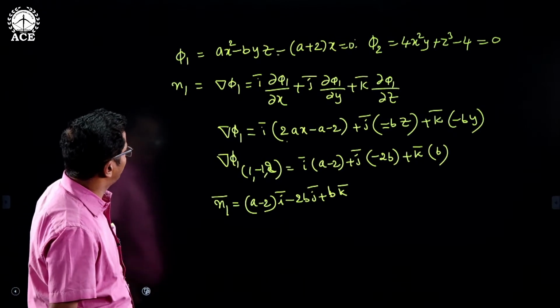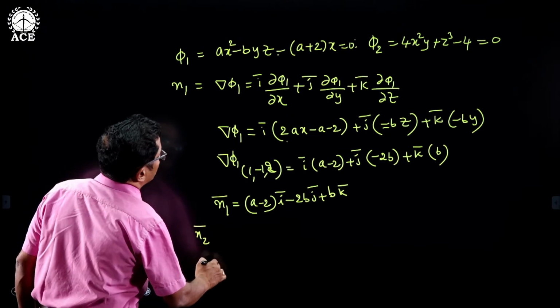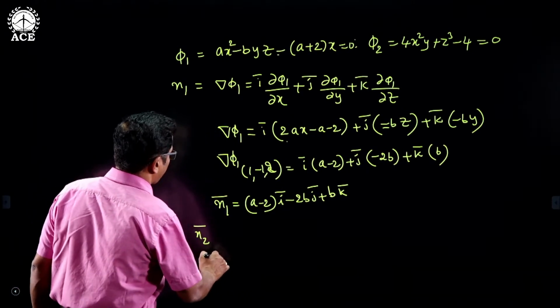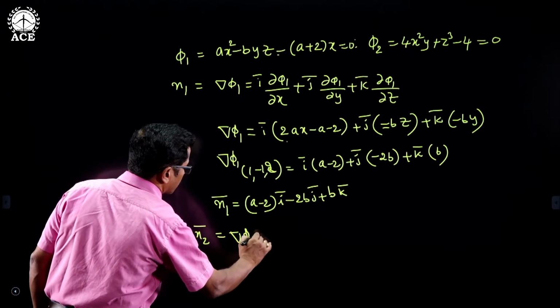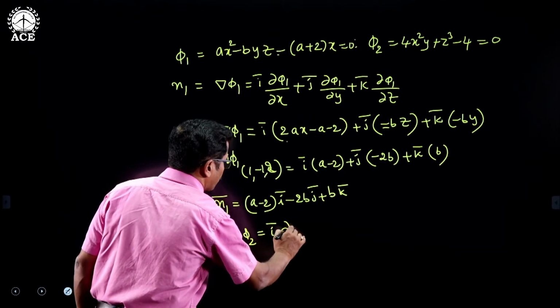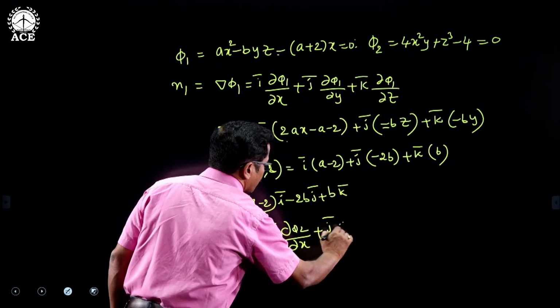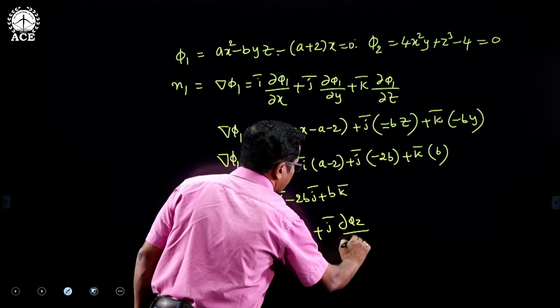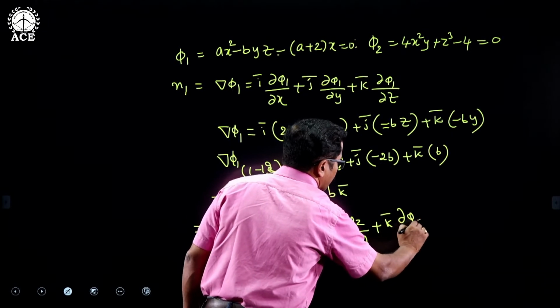So now n2 bar I will evaluate. N2 bar equals del phi 2, which is i bar dou phi 2 by dou x plus j bar dou phi 2 by dou y plus k bar dou phi 2 by dou z.